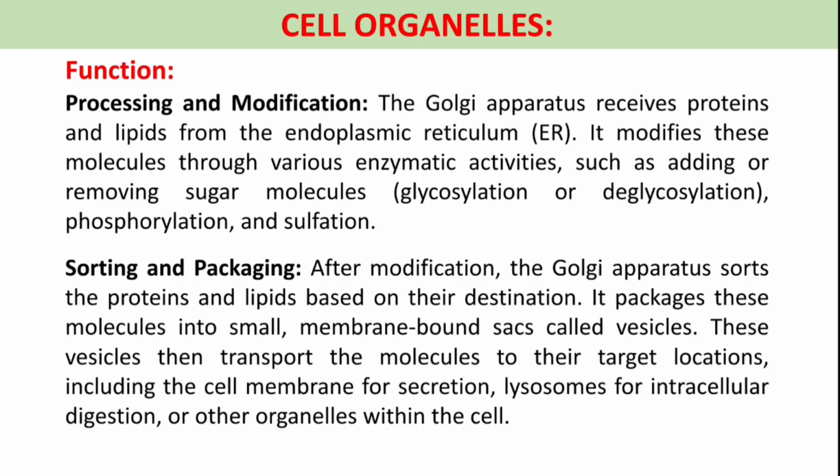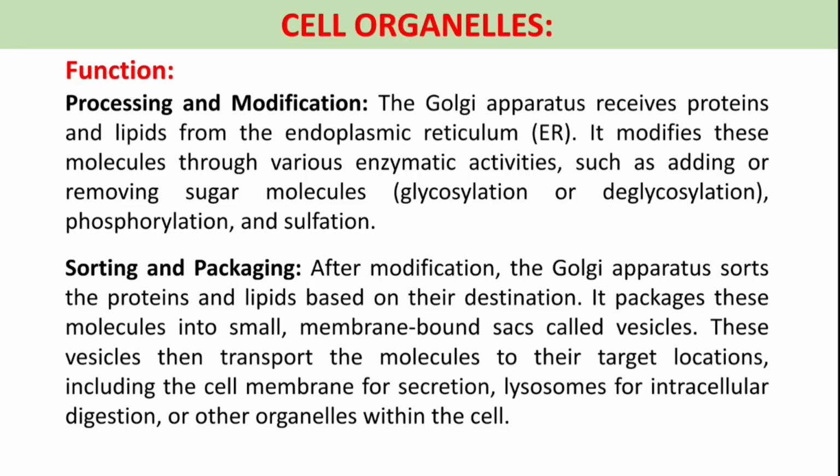First one is processing and modification. The Golgi apparatus receives proteins and lipids from the endoplasmic reticulum, and it modifies these molecules through various enzymatic activities such as adding or removing sugar molecules, phosphorylation and sulfation. Next, sorting and packaging.